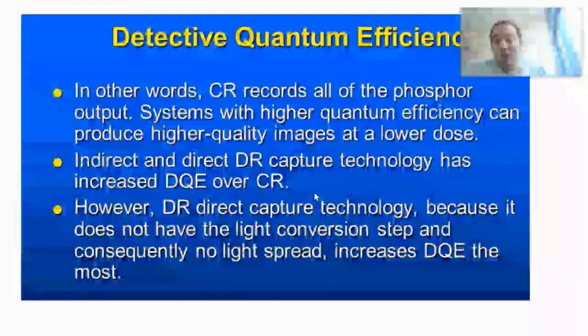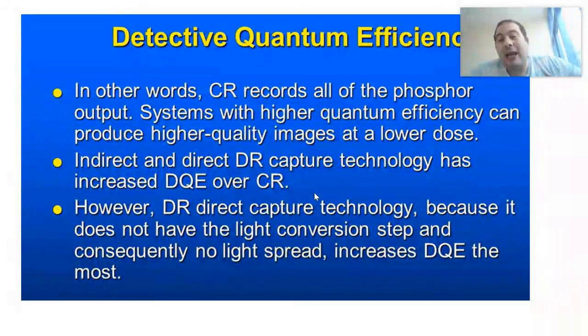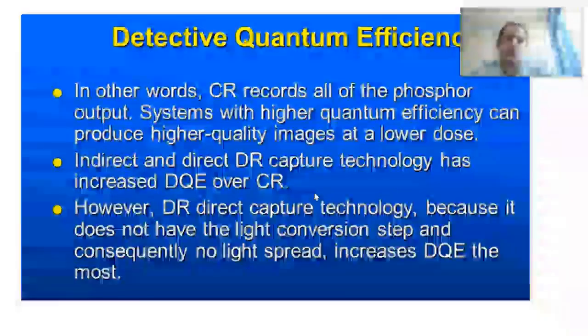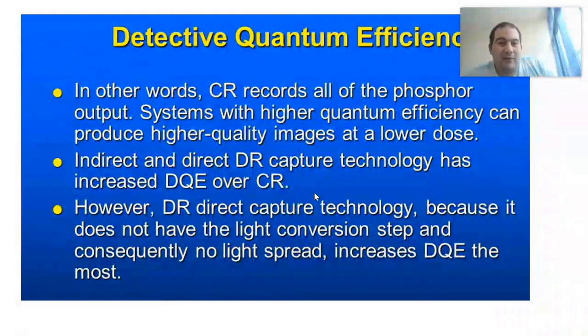So, with a high dose, the image is very clear, but the resolution itself decreases. That's why when you increase the dose parameter, you increase the detective quantum efficiency, but the resolution itself diminishes.